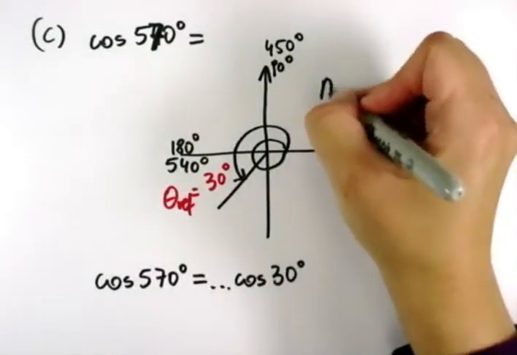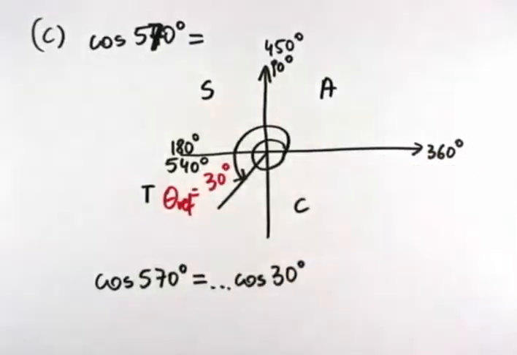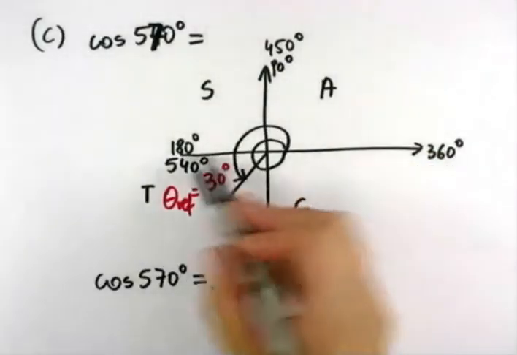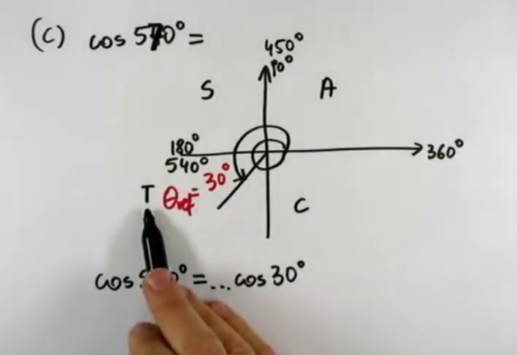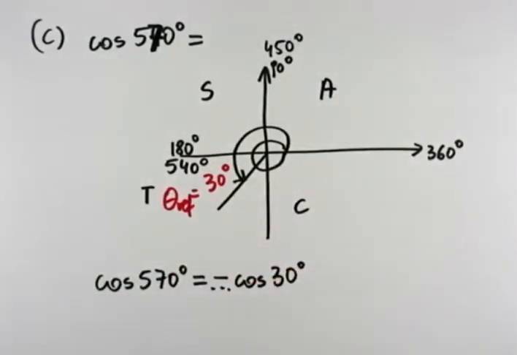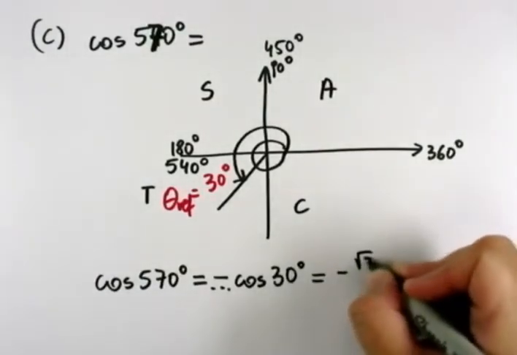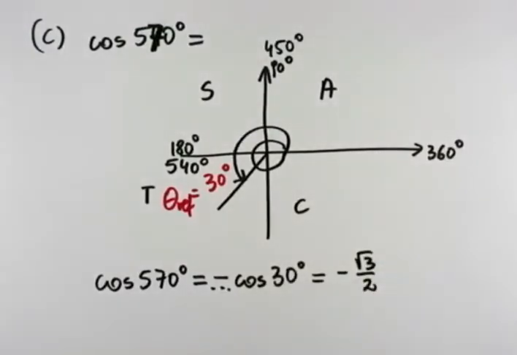So add sugar to coffee. In this quadrant, only tangent is positive, so cosine is negative. We need to put a minus. And cos 30 degrees is nothing else but root 3 over 2. So this value is negative root 3 over 2.